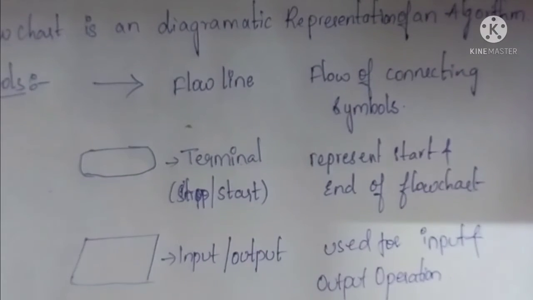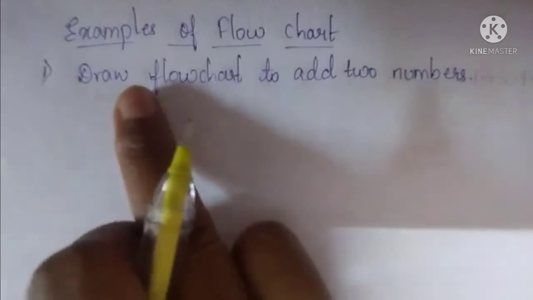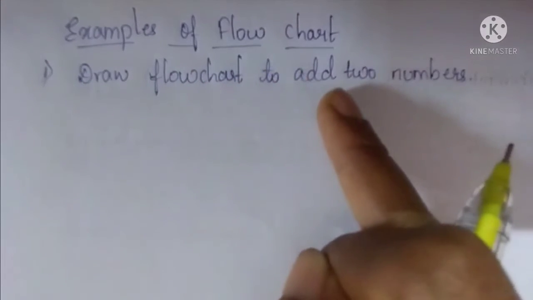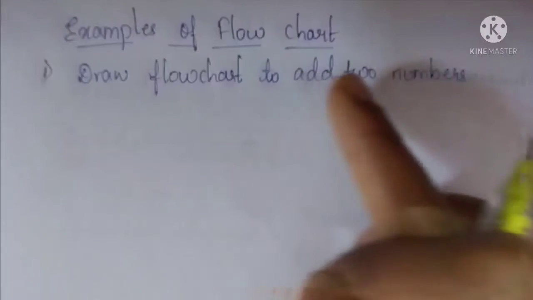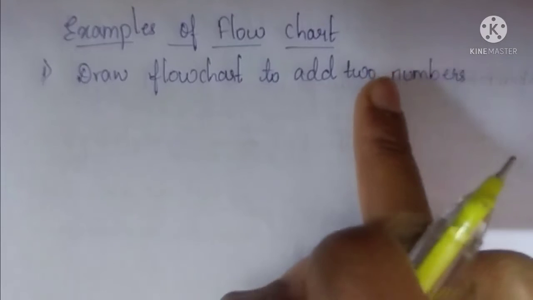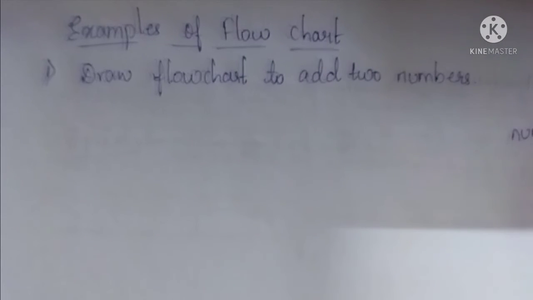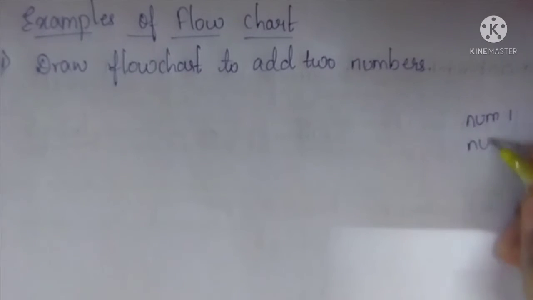See here. The first example is to draw a flowchart for the addition of two numbers. Add two numbers means here we have to perform the addition of the two numbers. Suppose you are going to take number 1 and number 2.